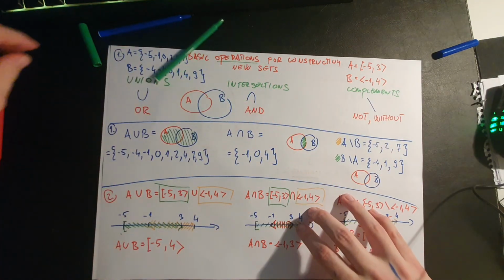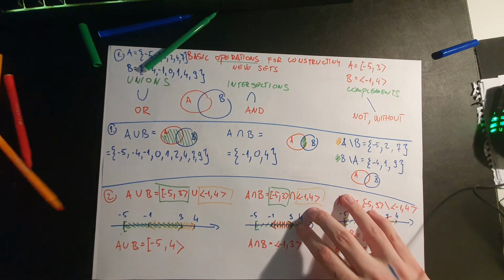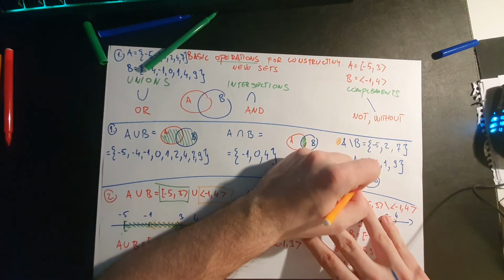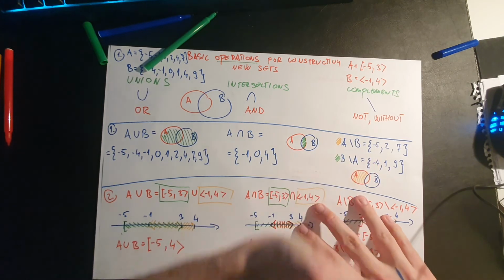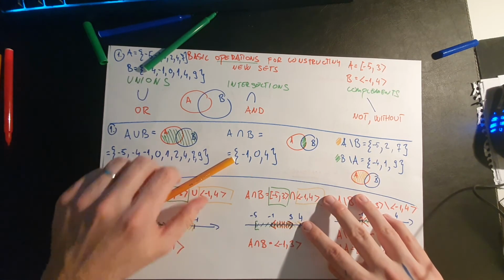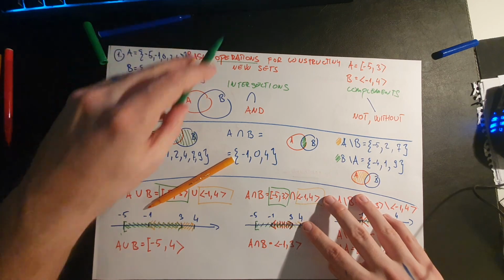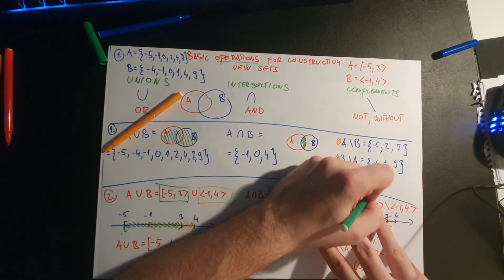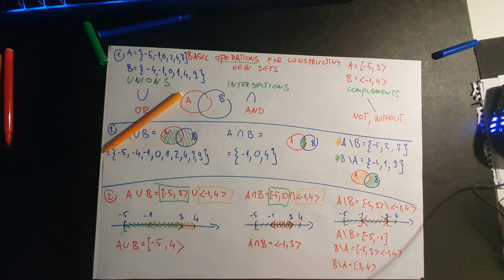So A without B means everything that is in A and not in B. So this part here is A without B, or A not B, while B not A is going to be everything that is in B and not in A. So these are the diagrams. You can also use them to represent union, intersection, or complements.